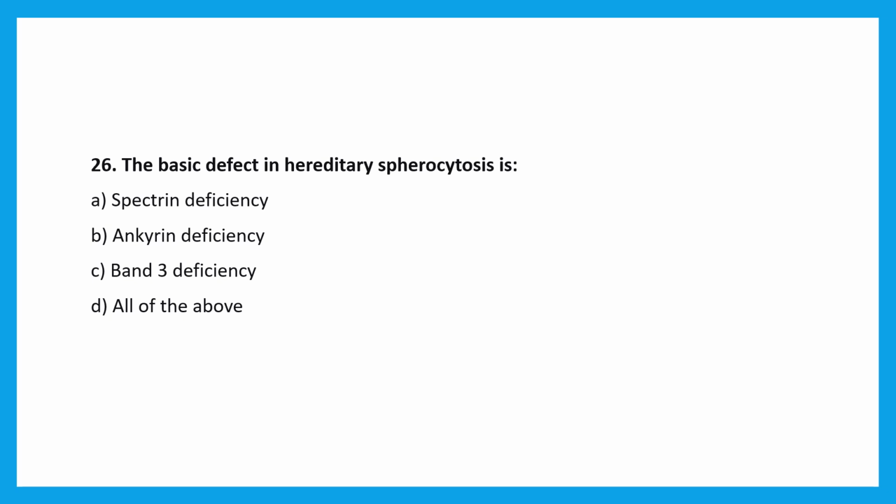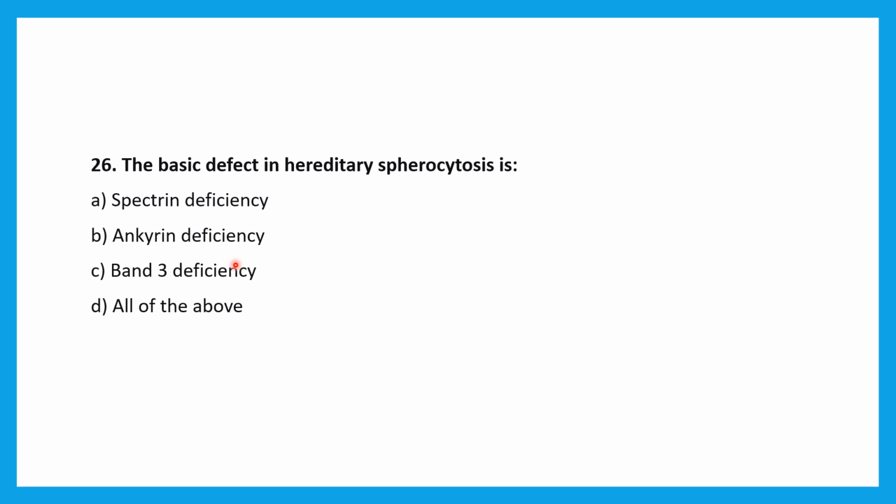Hereditary spherocytosis, just to explain, is caused by mutations in genes encoding the proteins involved in the vertical linkage between the membrane skeleton of the red blood cell and the lipid bilayer. Remember what constitutes the cell membrane, right?